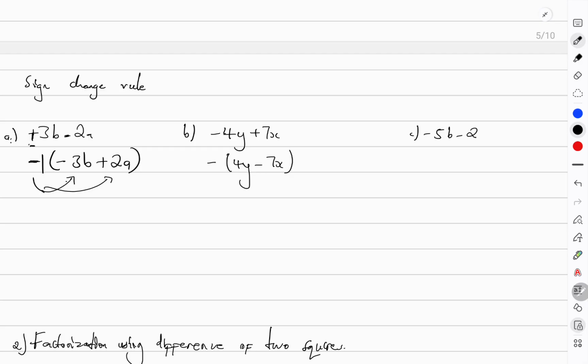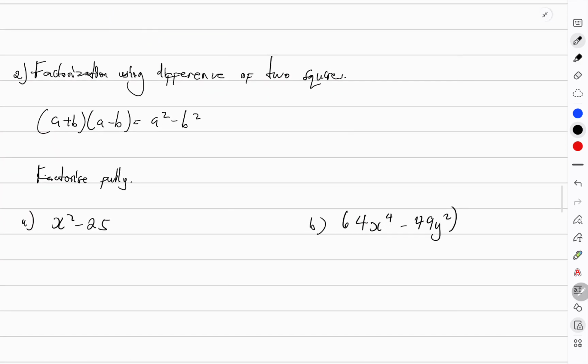Whatever was positive becomes negative, and whatever was negative becomes positive. But then there's a bracket involved, right? Therefore, here I'm having negative 5b, therefore I'll have negative 5b minus 2. That is what a sign change rule is. Because if we were to use distributive law, there's a coefficient of 1 there, will give us negative 5b, will give us negative 2, right?